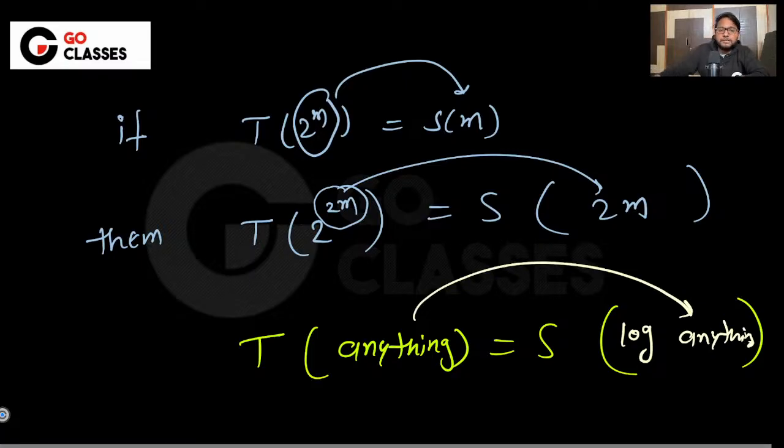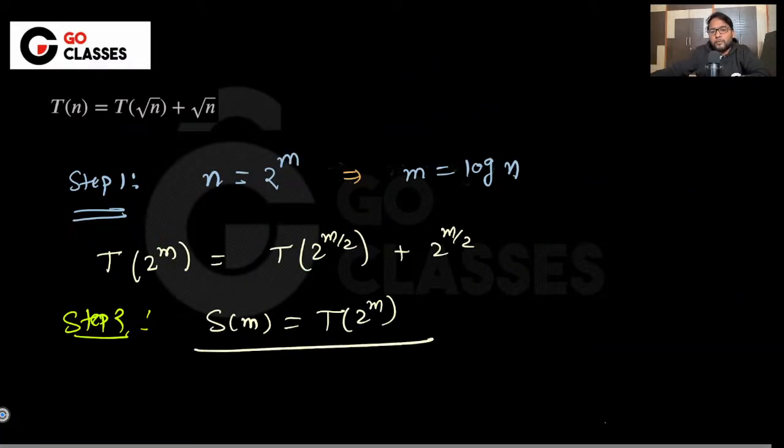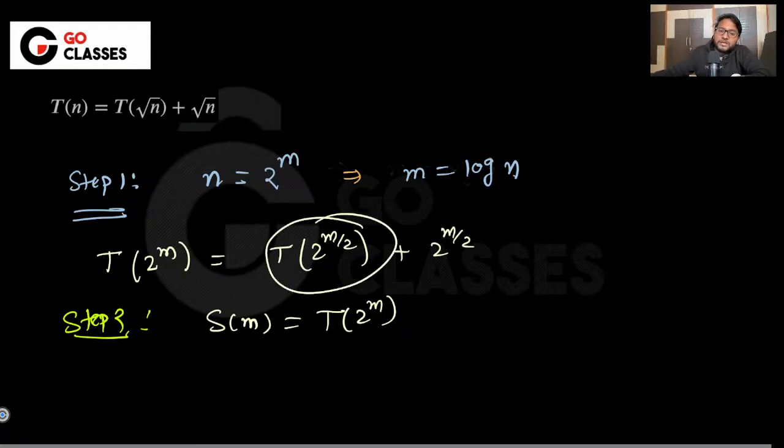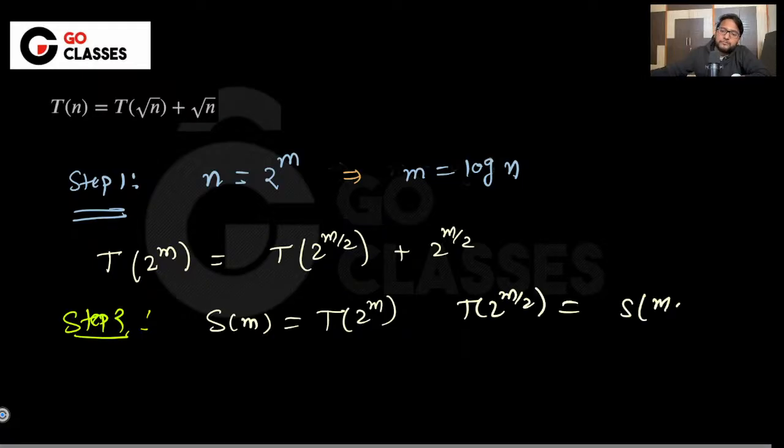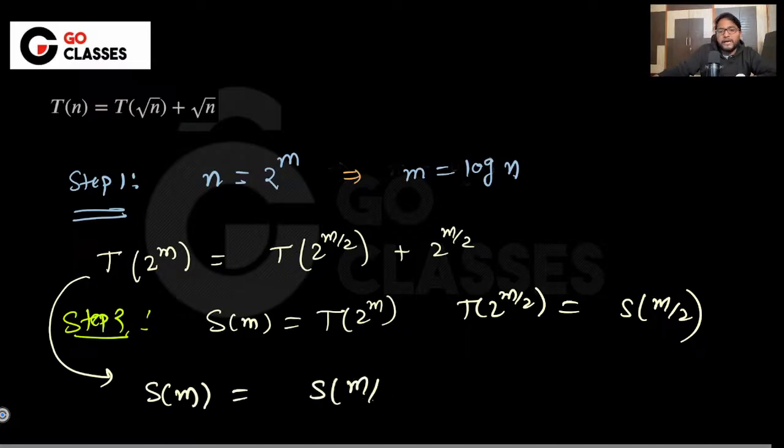So let's assume that Sm equal to T of 2 power m. Then what will be T of 2 power m by 2? You just take the log. T of 2 power m by 2 is basically S of m by 2. Now in step 2, you convert that into the Sm. Now this is nothing but Sm equal to S of m by 2 plus 2 power m by 2.